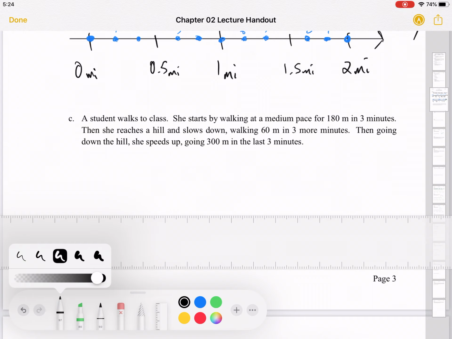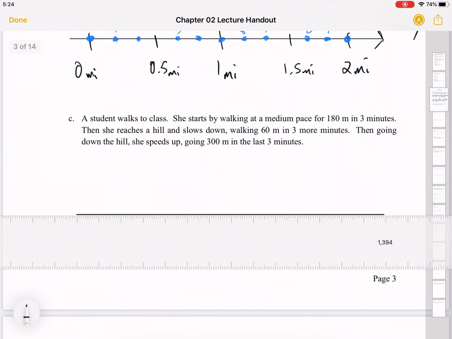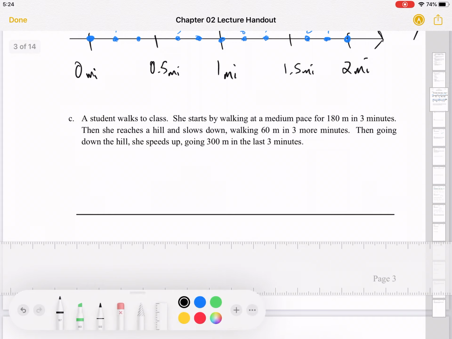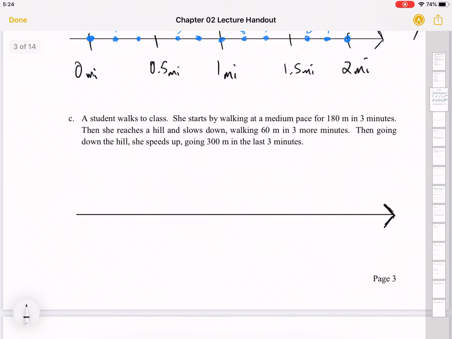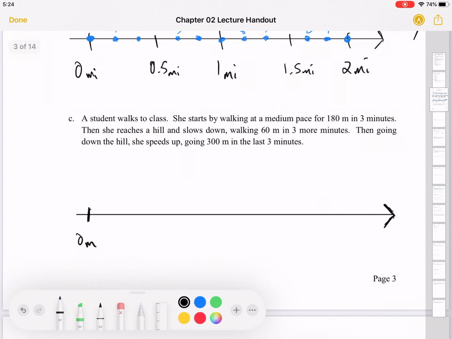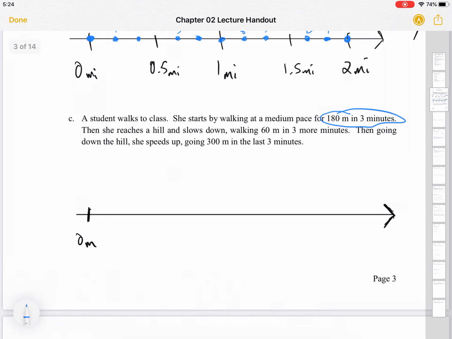That's too big. Okay. And ultimately, we're going from 0 meters to, well, let's add it up, right? We've got 180 meters in 3 minutes, and then 60 meters in 3 minutes, and then 300 meters.